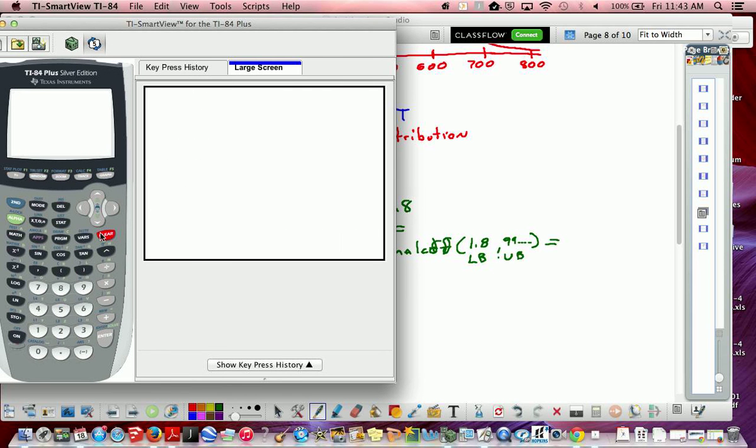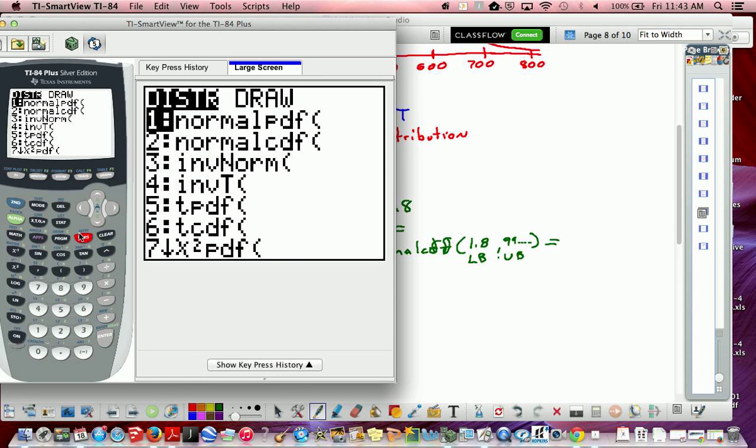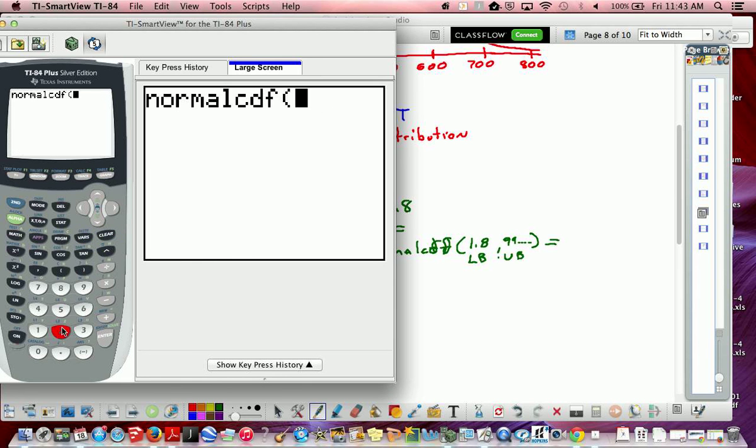So, alright, second vars, number 2 is normal CDF. 1.8 to a bunch of 9s. 2 9s, 3 9s, that's plenty. You'll get the exact same answer. And look at that: 0.0359.